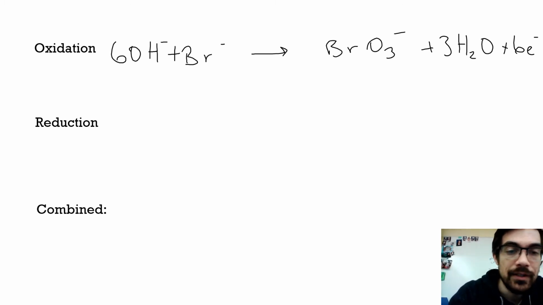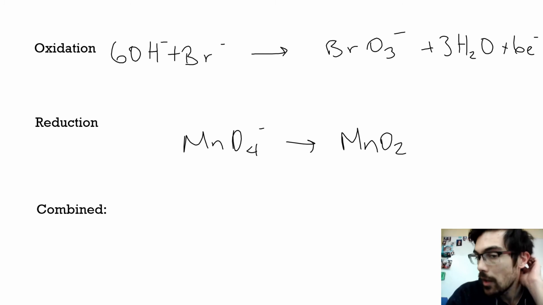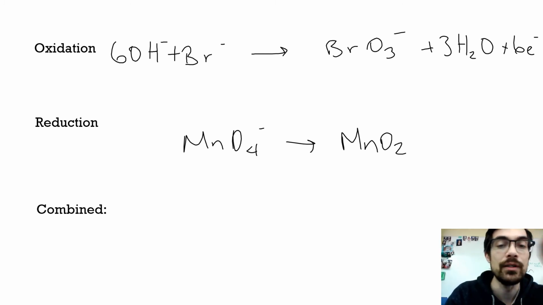Now, on the reduction side, we have MnO4 with a minus charge becoming MnO2. The Mn's are balanced, so we don't have to do anything there like we did with chromium in the previous example, so we can go straight to oxygens.